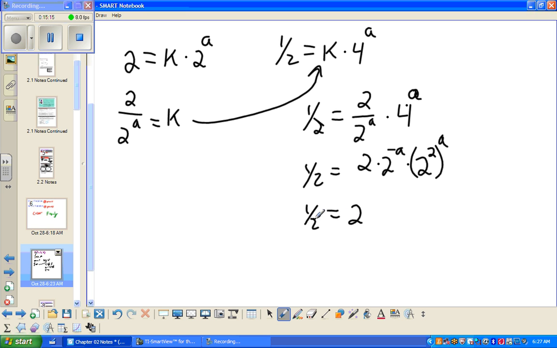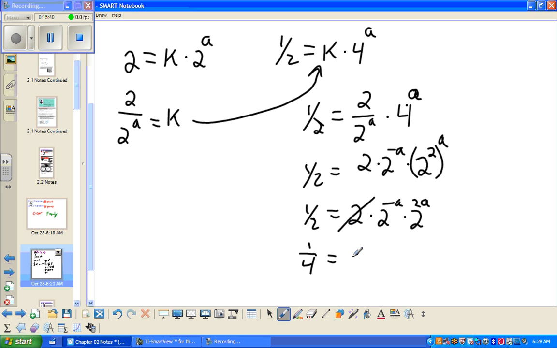which is the same as, and again, you might not write this many steps, but hopefully this helps you understand what I'm doing. 2 to the negative a times 2 to the 2a. And remember, when you have the same base, you can just add exponents. So maybe what I'll do at the same time here is I'll divide by 2 to get 1/4.